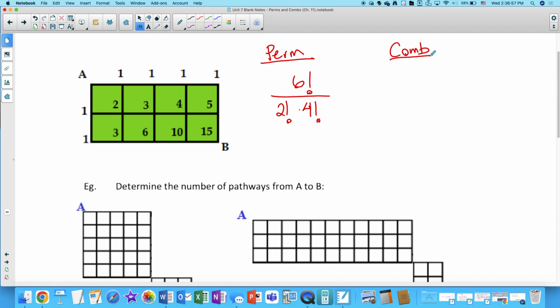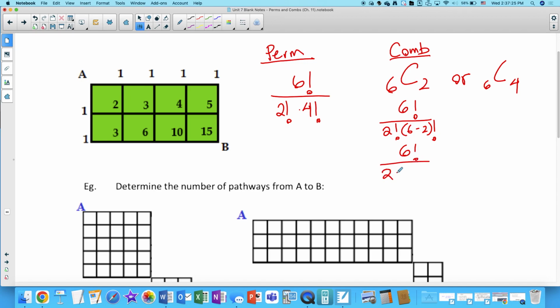So you can think of it as 6 choose 2, which is, say you're choosing where the downs are going to go, or 6 choose 4. And these are actually equivalent to one another, right? This one is 6 factorial over 2 factorial times 6 minus 2 factorial, which is 6 factorial over 2 factorial times 4 factorial.